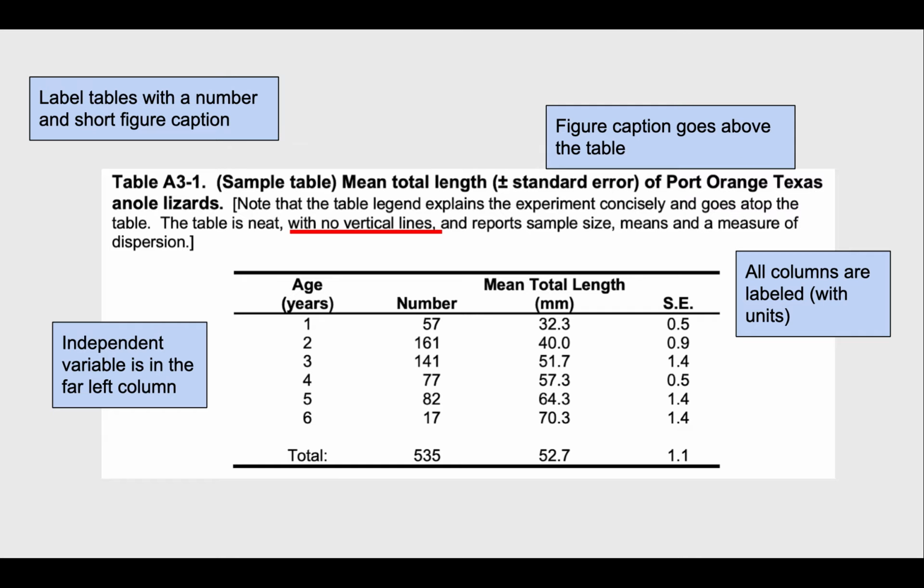The independent variable is always going to be in the far left column. So in this case, that would be age or years. All the other columns are going to be labeled. If there are any units, include units. So our units for today, and you'll probably hear me repeat this several times, I don't think I actually put the units in our procedure, but essentially, we measured height, and what did we measure height in?